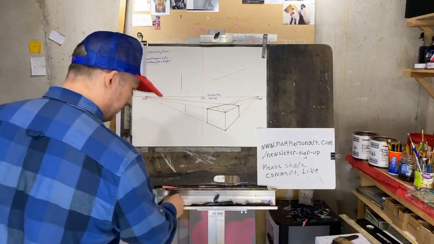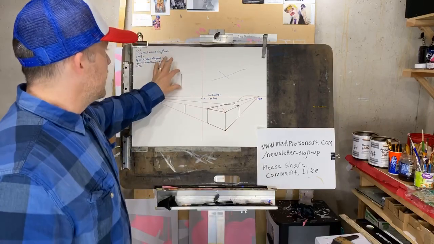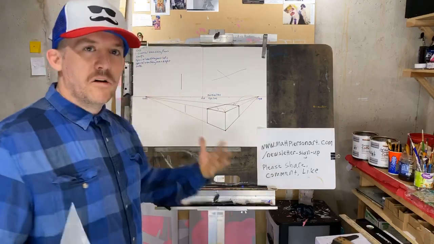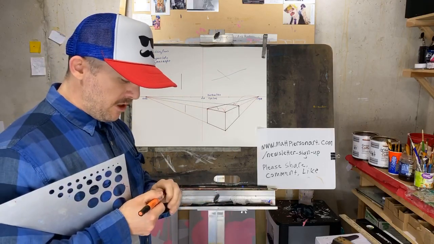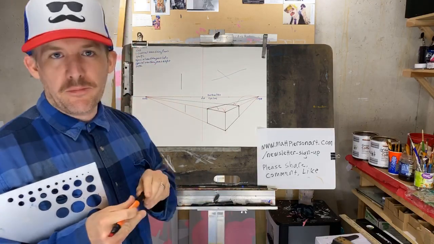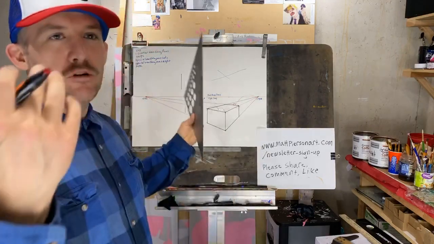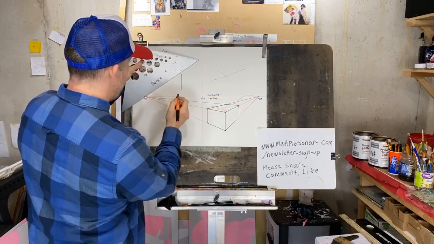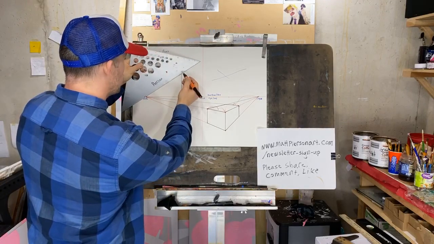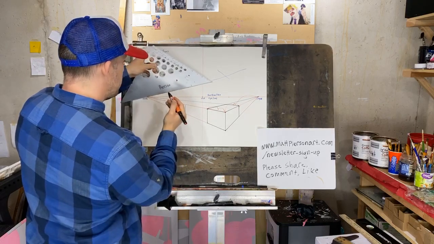So now, grab this marker. Since we determined the top and bottom of that object, or the front edge of our cube or block or form, we're going to make our little obscure triangles going to special vanishing point left and then special vanishing point right.